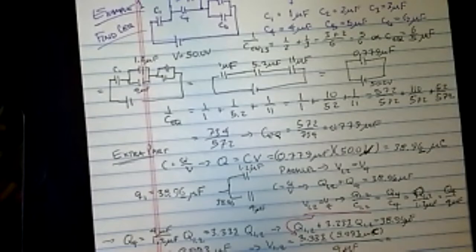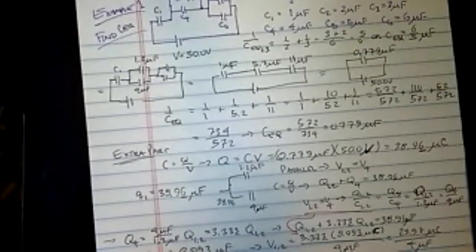Now I'm dividing that by 4. So I got 29.97. So V1.2 we know is that divided by 4. So that's 7.493.